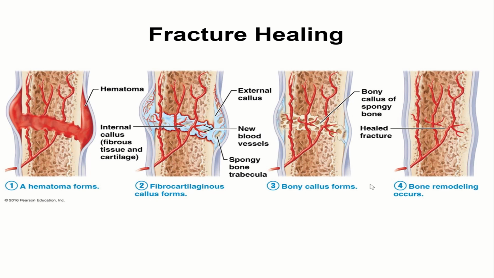So how does a fracture heal? The first step is that a hematoma forms. This is basically like a scab. This is a cushion of blood and healing factors that are right underneath that outer layer of the bone.